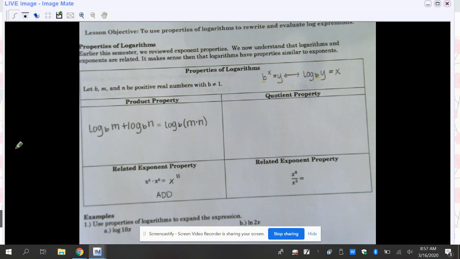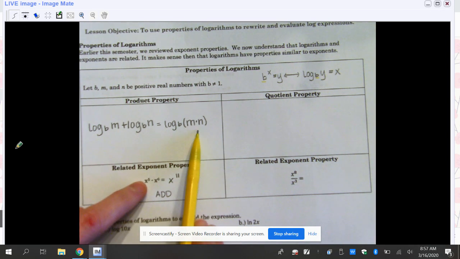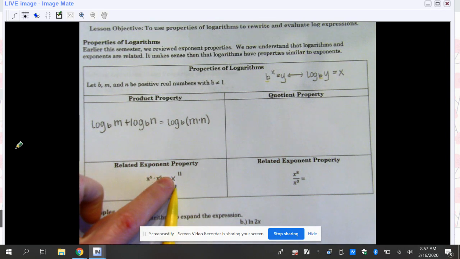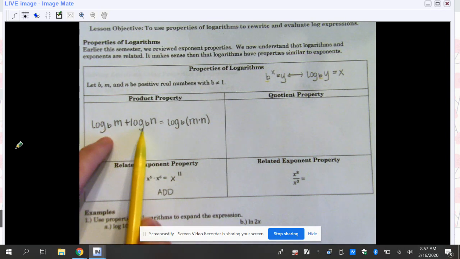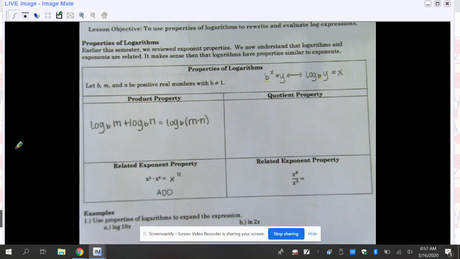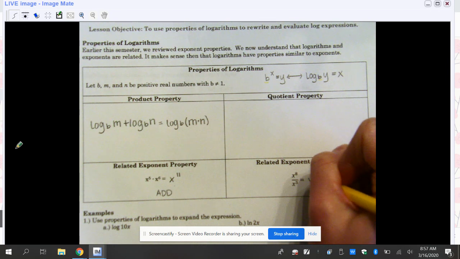So it's completely opposite: multiplying condensed to one by adding, adding condensed to one by multiplying. This whole conversation about exponents and logarithms being inverses of each other is also true with the properties. The same thing is going to be true with dividing. If I wanted to simplify this expression from two exponents to one, I would take 8 minus 3 and get x to the fifth.